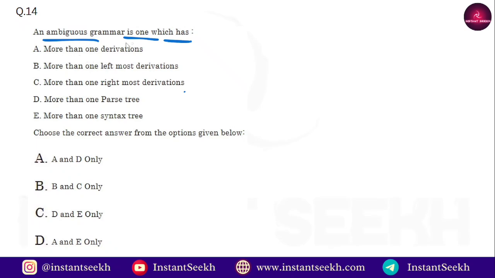An ambiguous grammar is one which has more than one leftmost derivation and more than one rightmost derivation. That is your B and C only, the correct answer for this particular question. Okay, so let's move on to the next one.